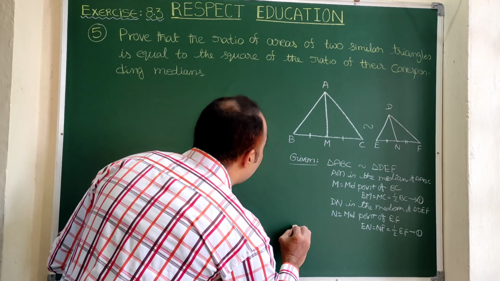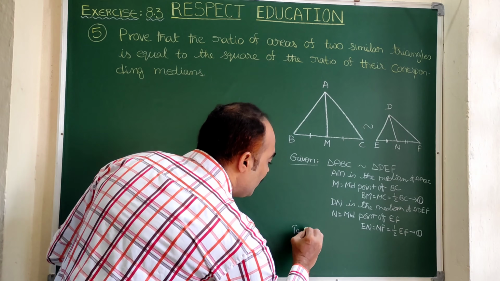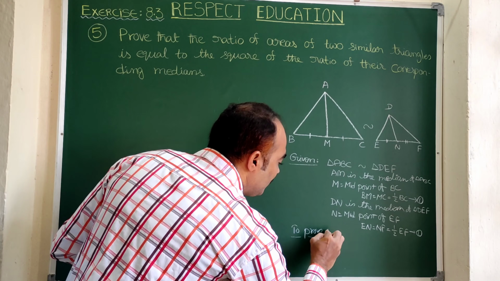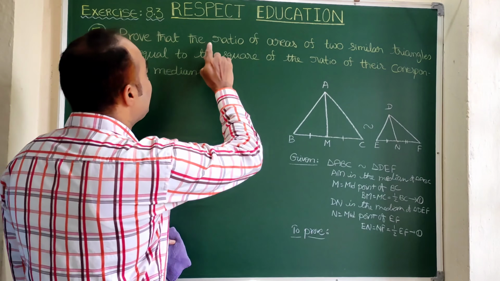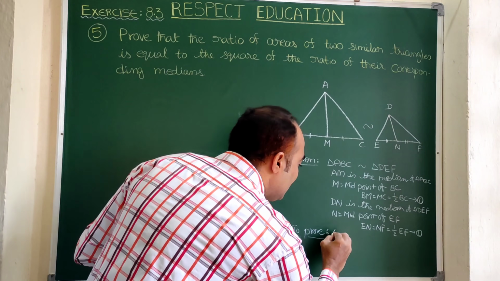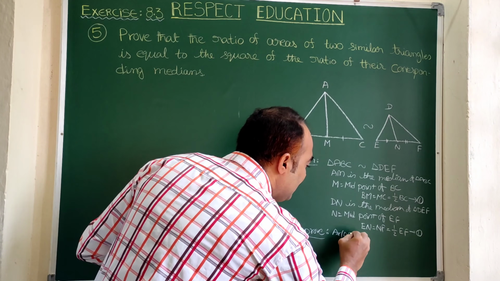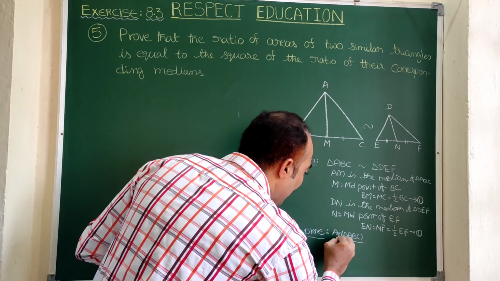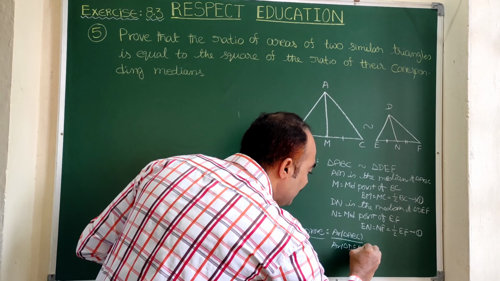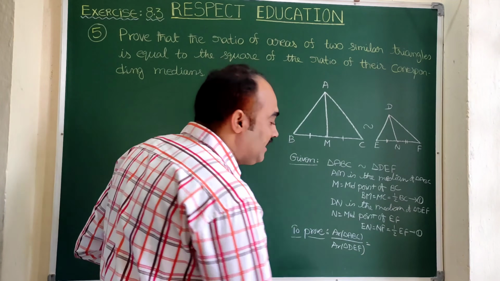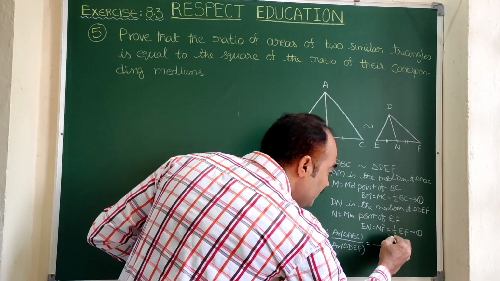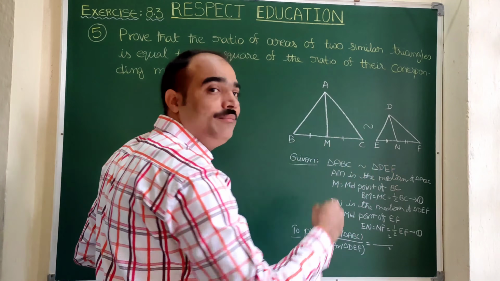To prove, what is to be proved here? The ratio of areas of these two triangles. That means area of triangle ABC by area of triangle DEF is the ratio of squares of their corresponding medians.